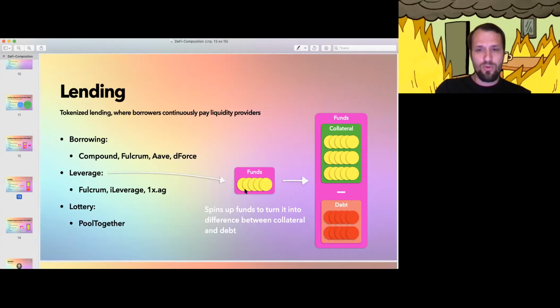You can put your assets into collateral, get some debt, then convert this debt into Ether again and put it as collateral, then get more debt and convert it again. You can repeat this, or you can even achieve the same with some tools like the one we built at a Hackathon, 1xAG.